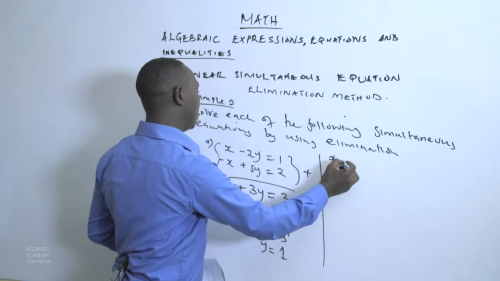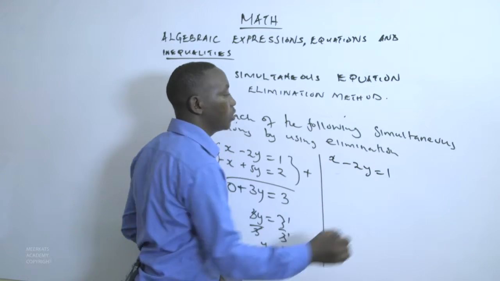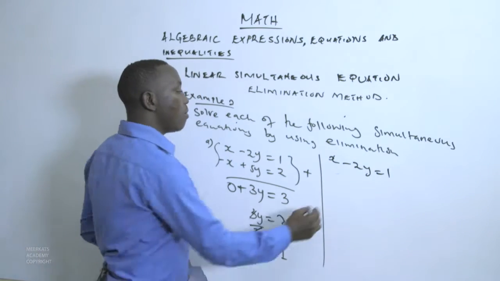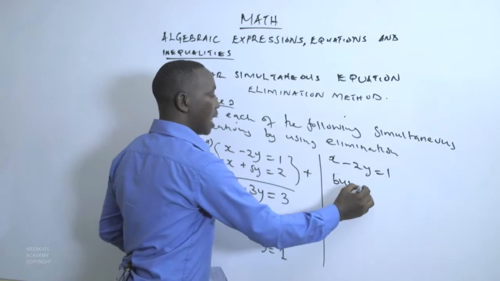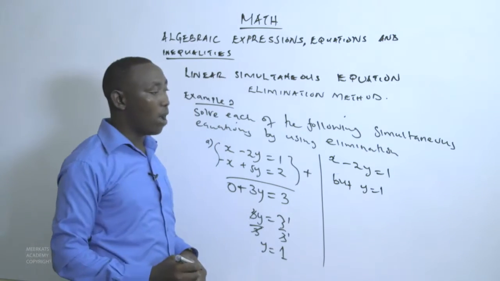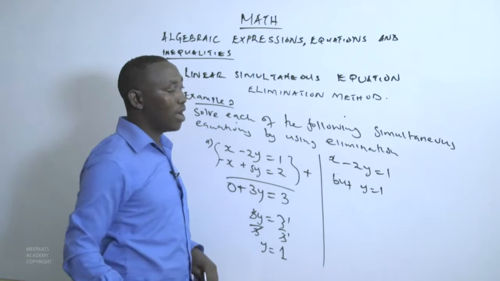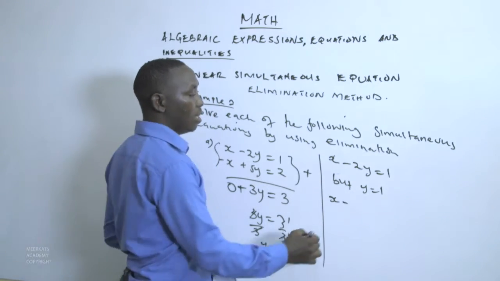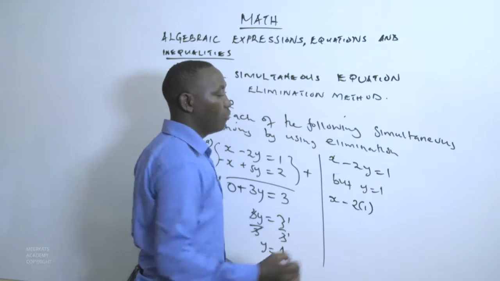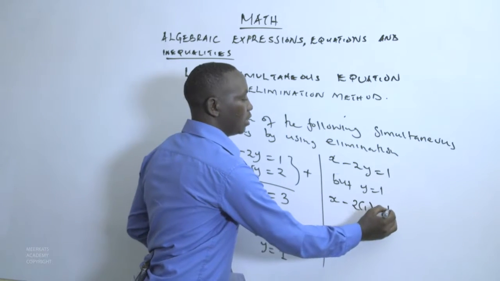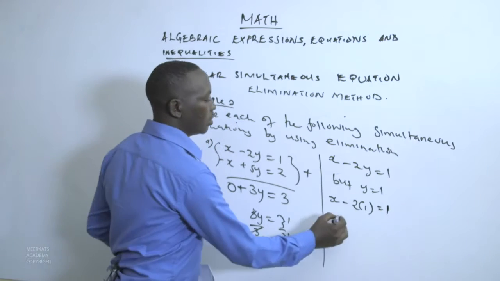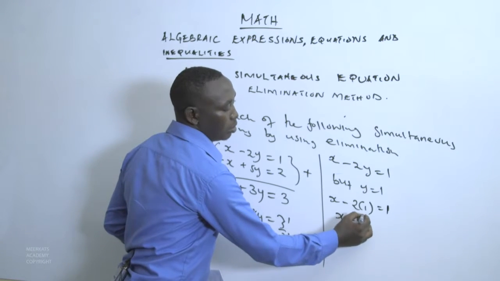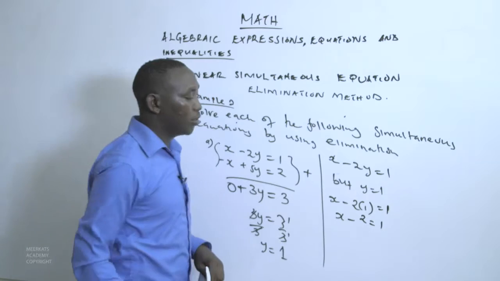You are told that x minus 2y is equal to 1 in the first equation, and we have found that the value of y is 1. Therefore, we substitute the value of y in that equation to get the value of x. So this will be x minus 2 multiplied by 1, which is 2, is equal to 1.